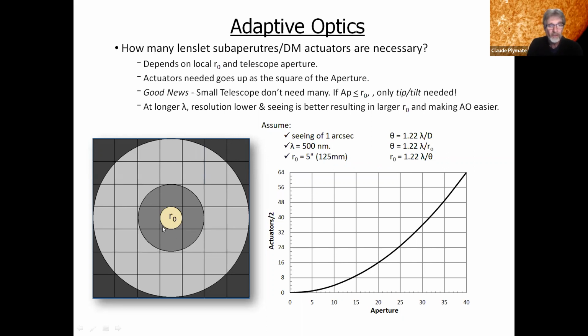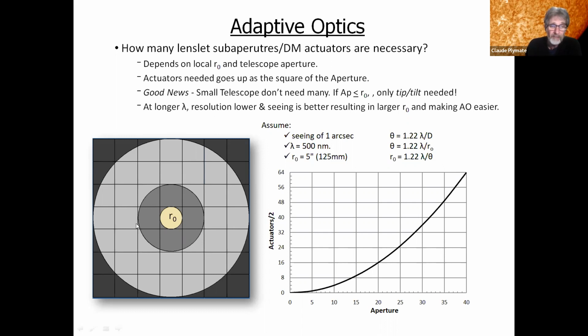inches. In other words, if you had a 5-inch telescope, your 5-inch telescope would be diffraction limited under 1 arc second scene. And there's no reason to have a high order adaptive optics system. Tip tilt would be all that's needed, and you're done. Either that or just take very fast images and register them after the fact.